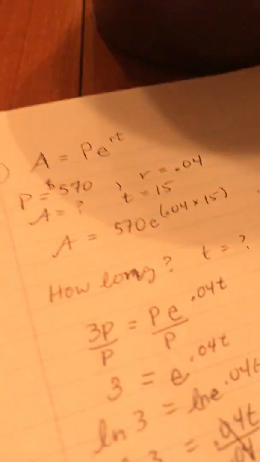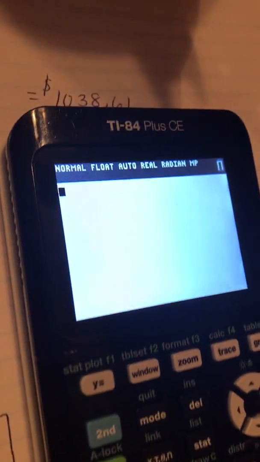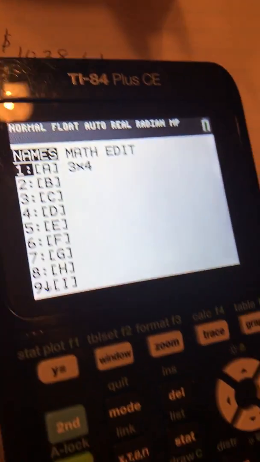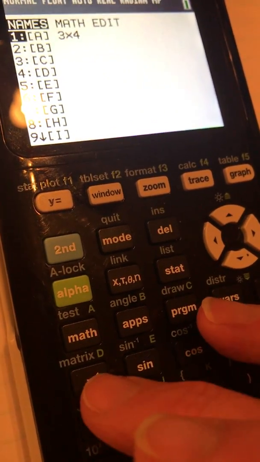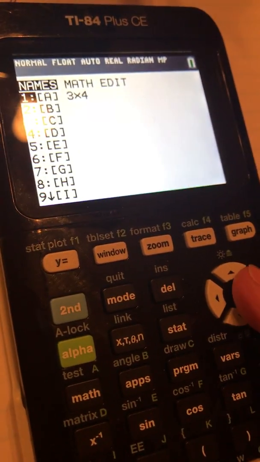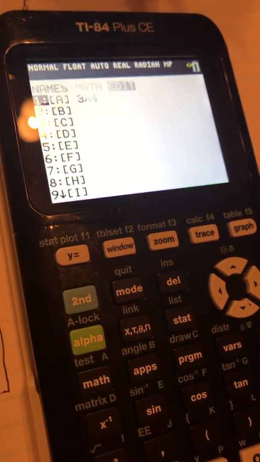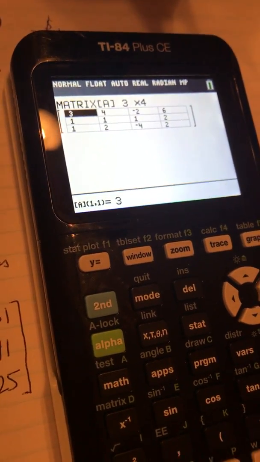All right, so here's where we get to go to the calculator, and I'm going to use this calculator because it's much nicer for matrices. When you go to matrix, which is second x to the negative 1 power, you first want to go over to edit, and tell it that it's a 3 by 4 if it's not already programmed that way.